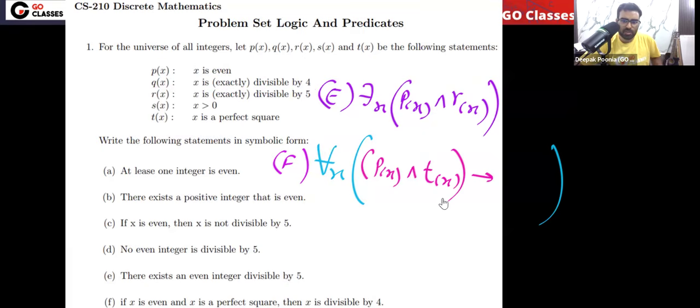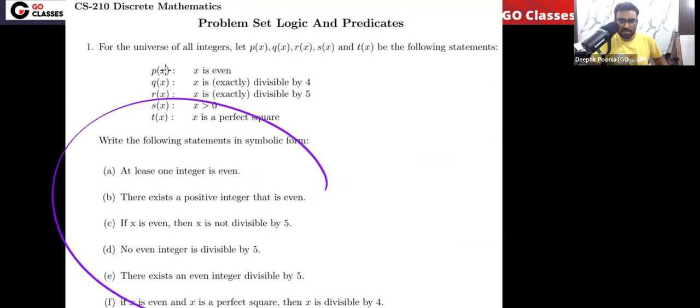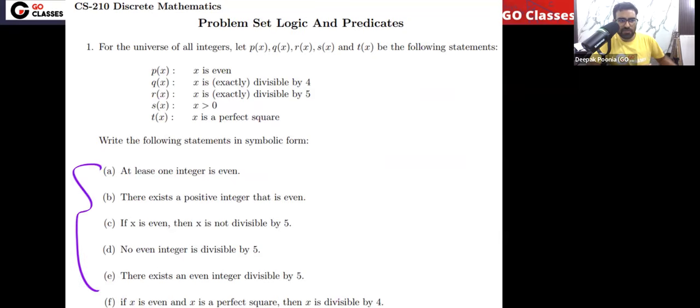Divisible by 4 means Q(x). That's it. So here you have to understand that this is implicit. Universal quantification is usually implicit, in our day-to-day life also. So that's it. I hope you understood. Very simple. So all these from A to F, did you understand? Let me know.